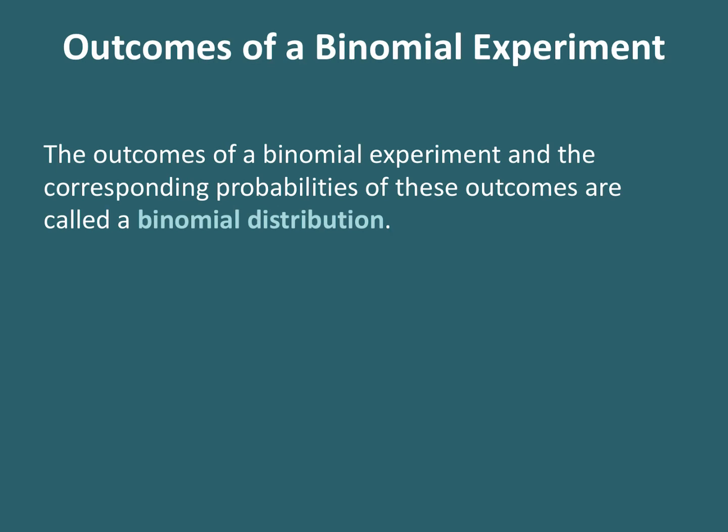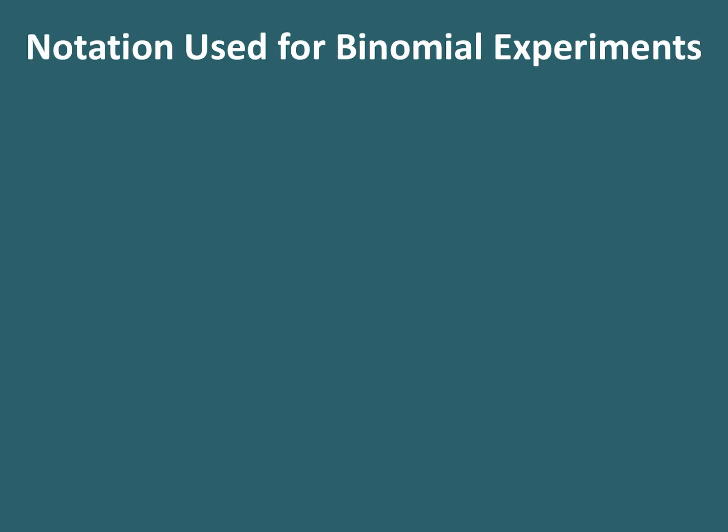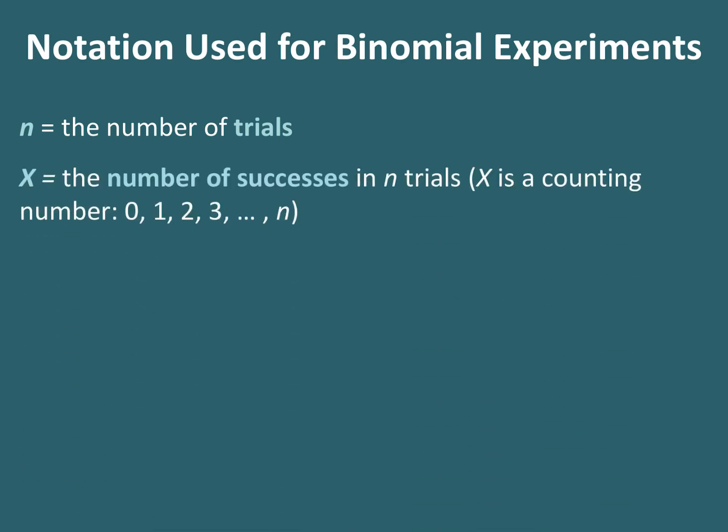The outcomes of a binomial experiment and the corresponding probabilities of these outcomes are called a binomial distribution. Here is some notation that we use for binomial experiments. N will equal the number of trials. X will equal the number of successes in N trials.